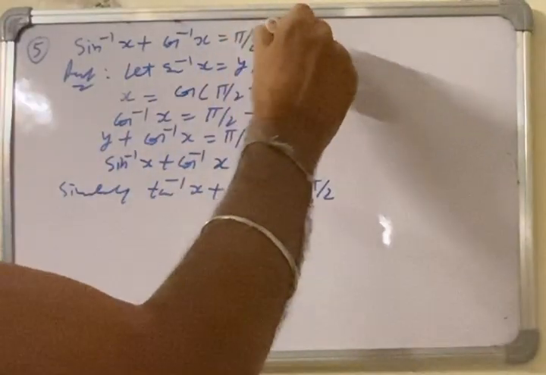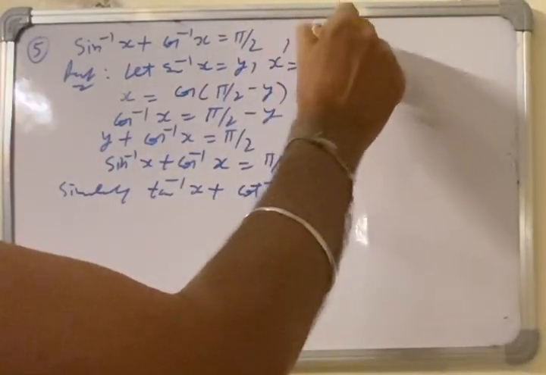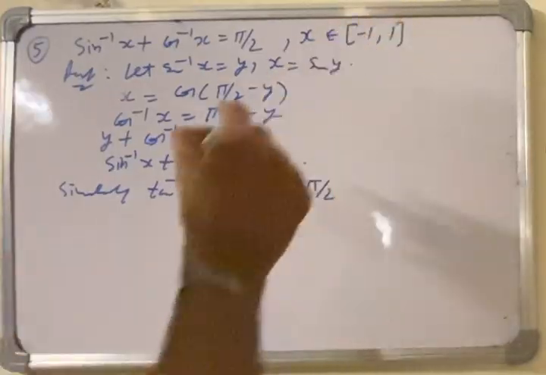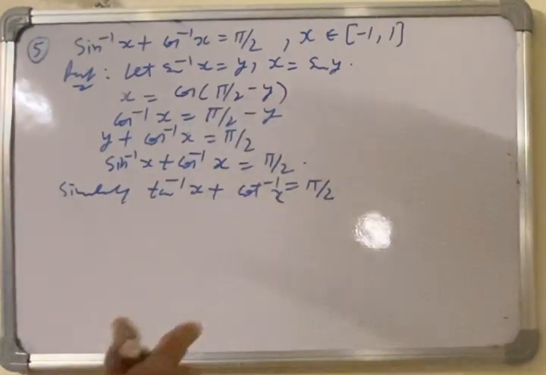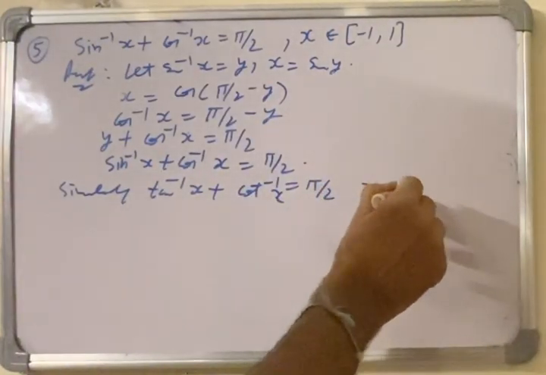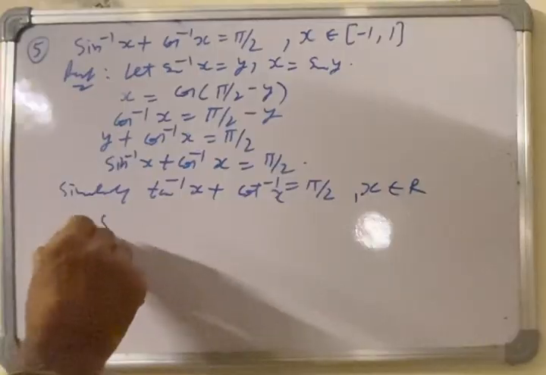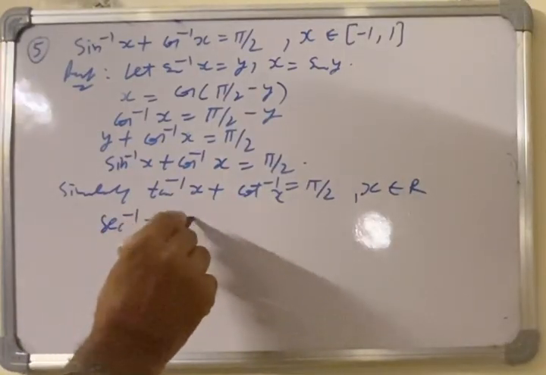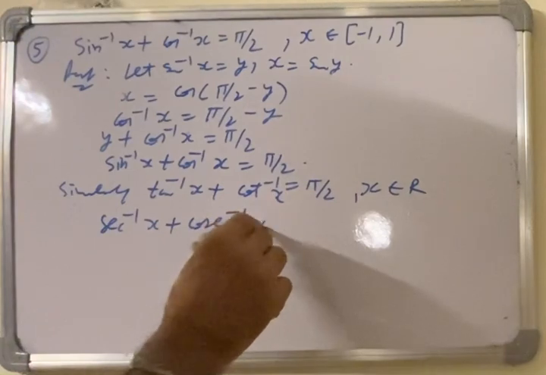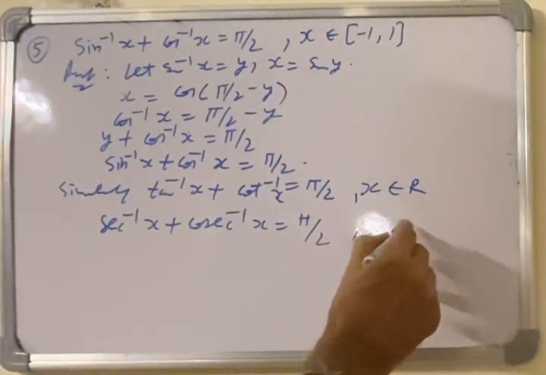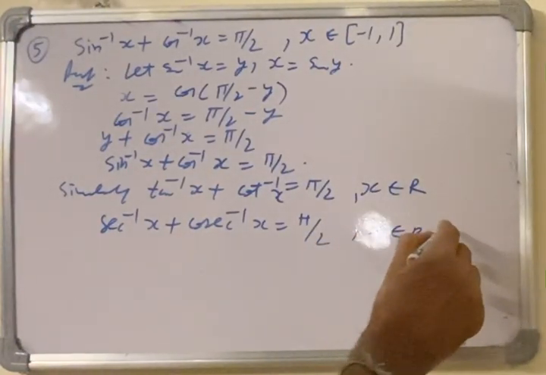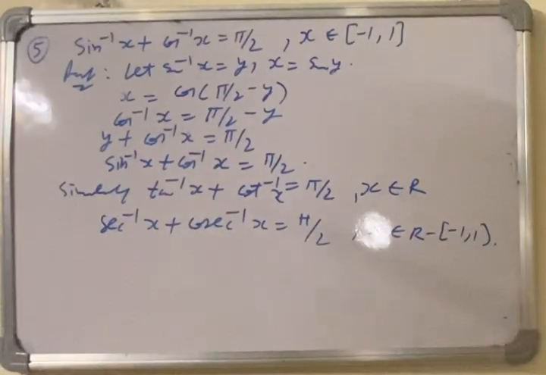For this, x belongs to R. Similarly, in this one, secant inverse x plus cosecant inverse x is pi by 2. Here x belongs to R minus the open interval minus 1 to 1.